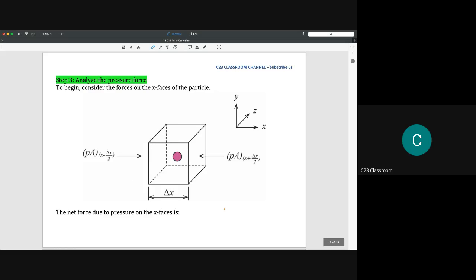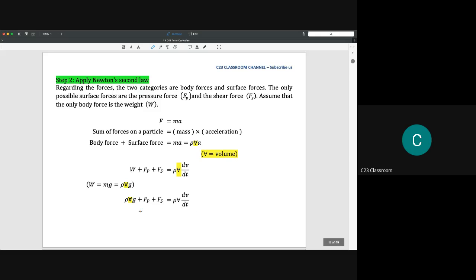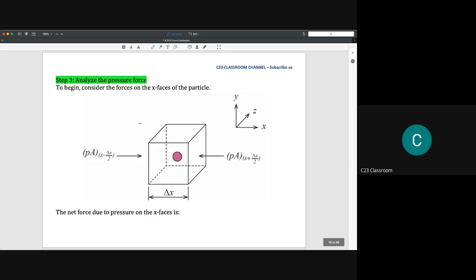So what we are going to do here is try to get a term expression for the pressure force and the shear force. So we are going to calculate the pressure force first. For example, this is our particle here, and we take the center point as our reference point.